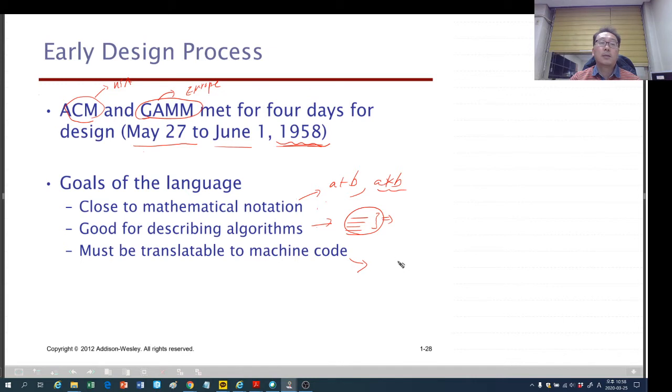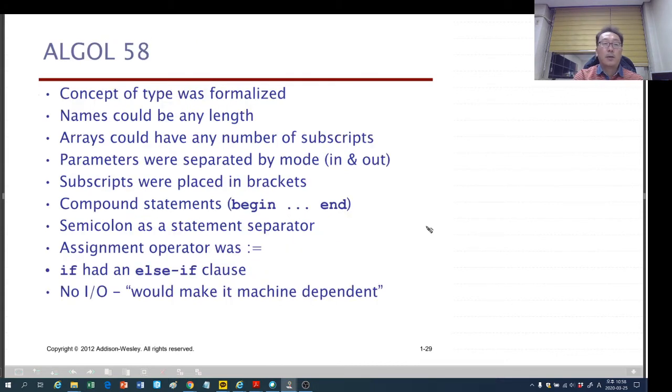The third goal is that the program language should be transferable to machine code. So there are three main objectives of the new programming language. They met together and designed a new programming language.